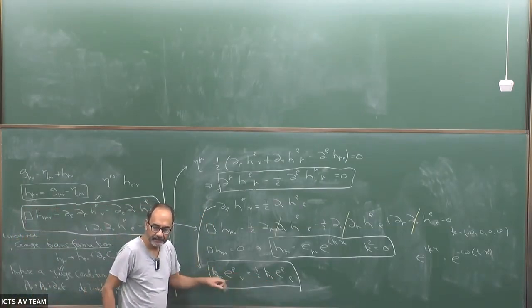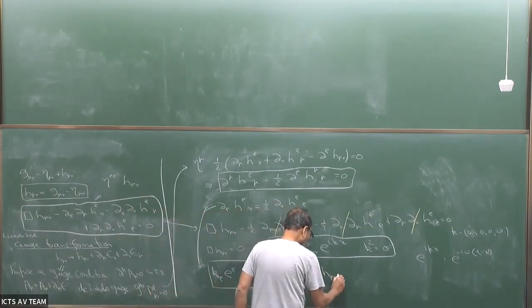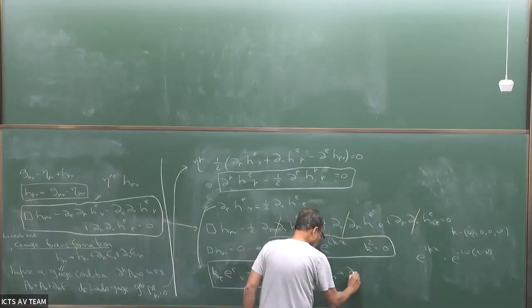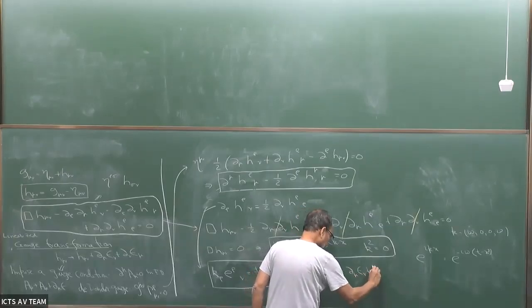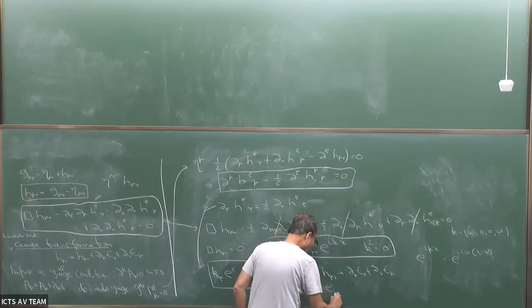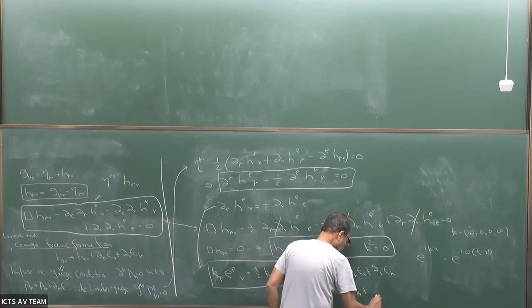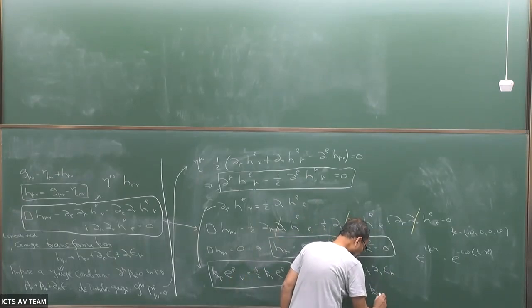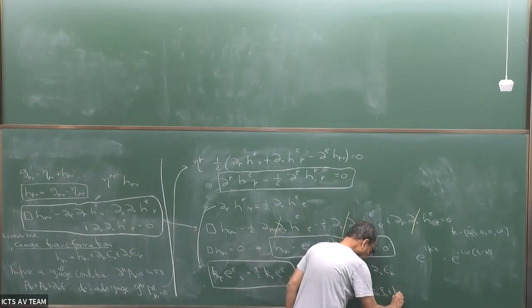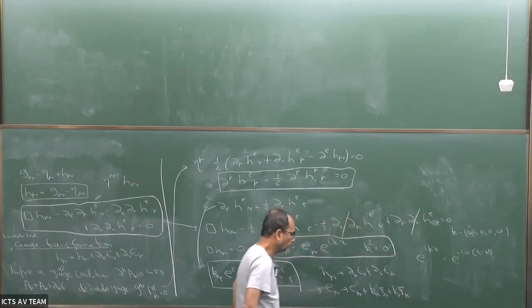So the gauge transformation is h mu nu going to h mu nu plus the derivative terms, which translates to e mu nu going to e mu nu plus something.